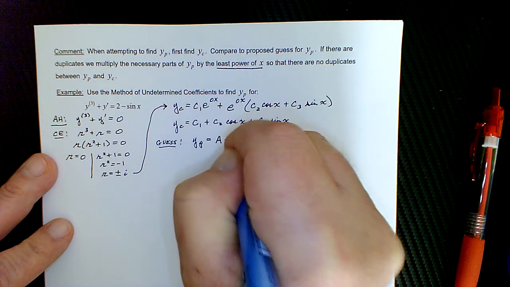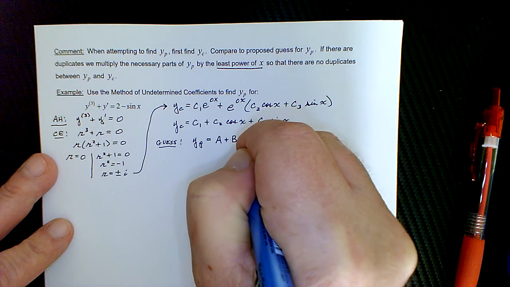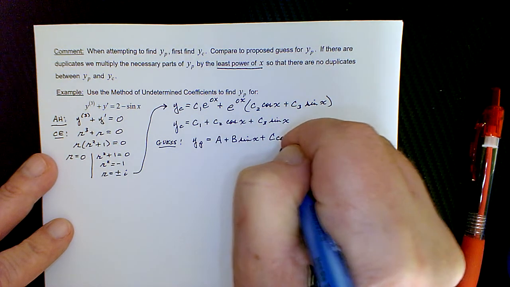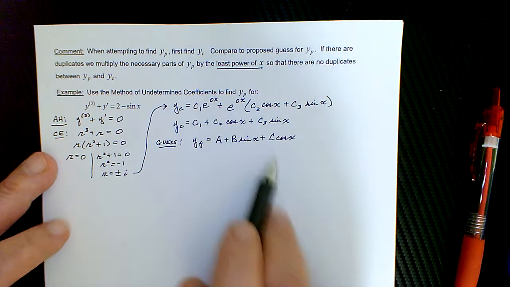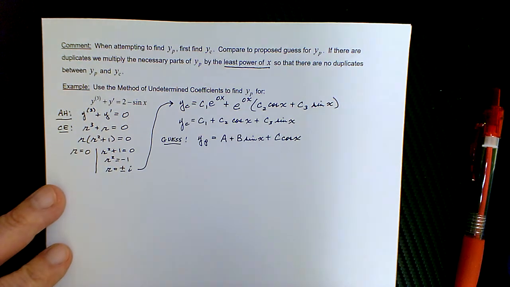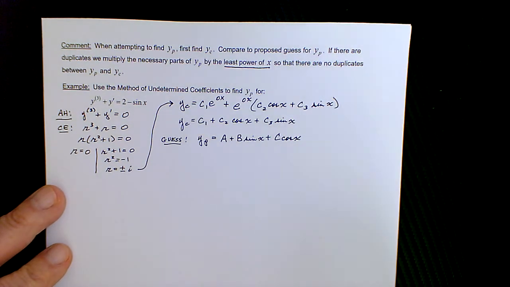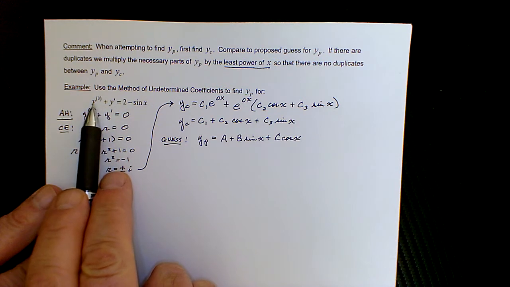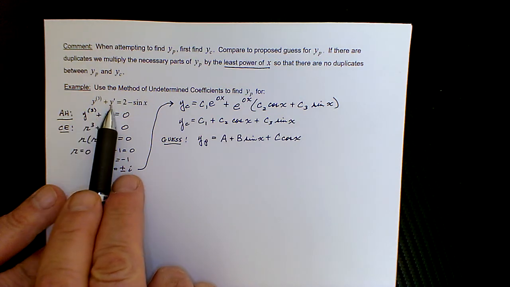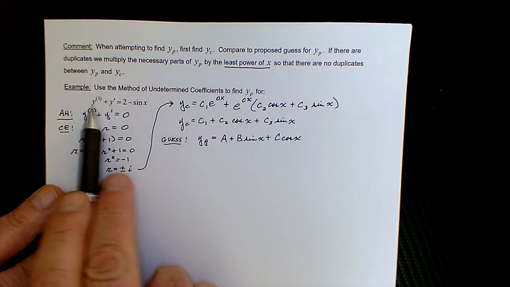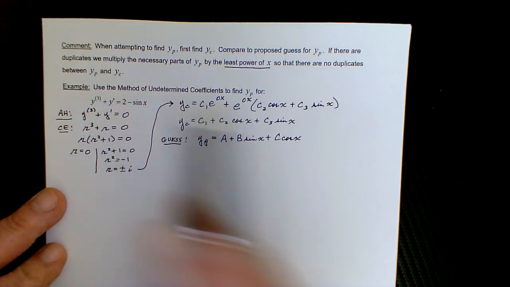So we'll say plus b sine of x plus c cosine x. The reason we have to include both, as mentioned earlier, is because the nature of the differential equation is such that the combination of its derivatives has to produce this function. So these could contain cosines as well.